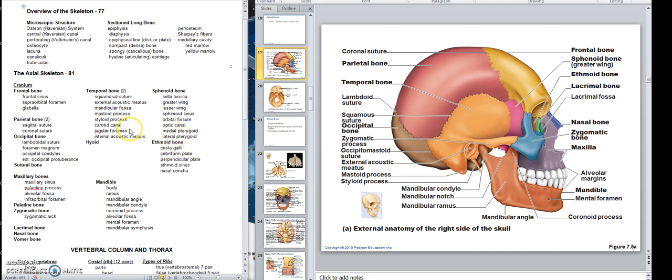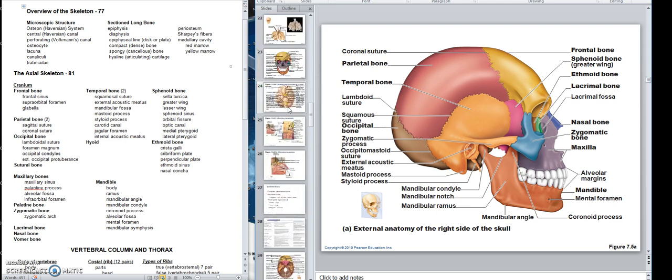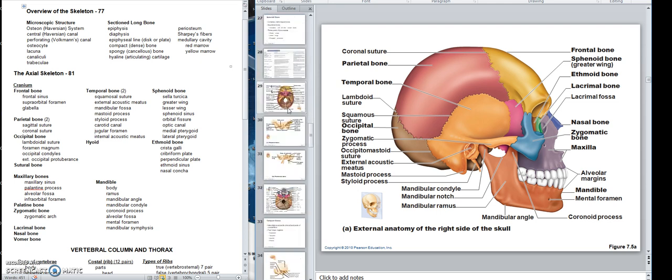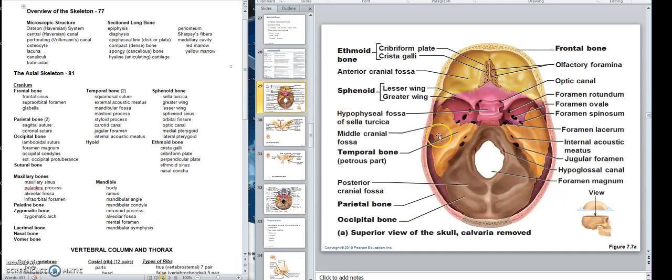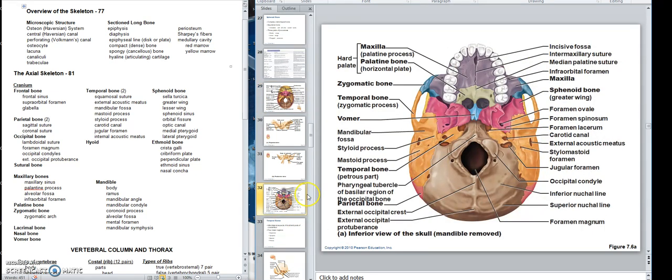The carotid canal, I have to go underneath to get to it. Let's go to the underneath picture. No, it's hard. You have to really be under here. All right. The carotid canal is going to be right here.